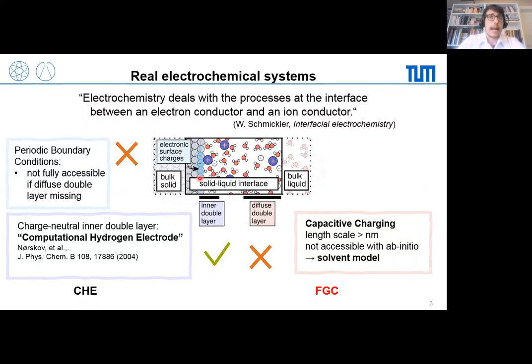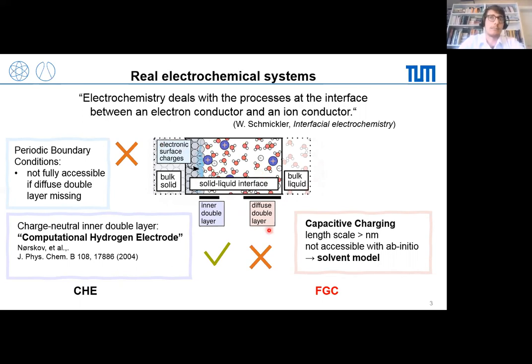So in some sense, addressing these electronic surface charges is closely connected to the diffuse double layer. This problem of charging the surface can in principle only be lifted by having some appropriate countercharge model.